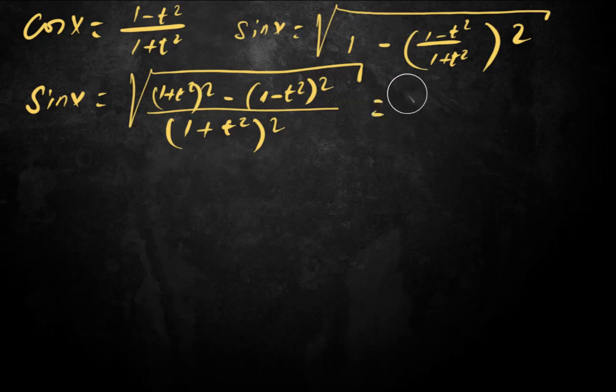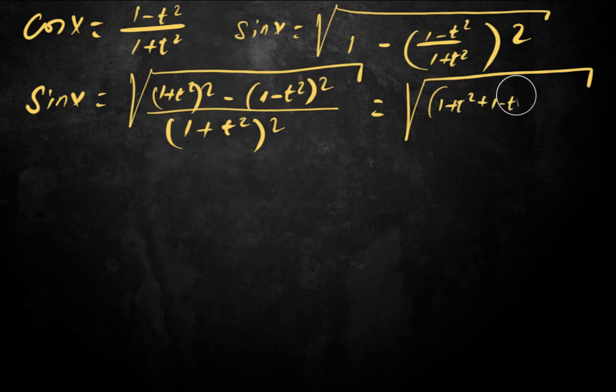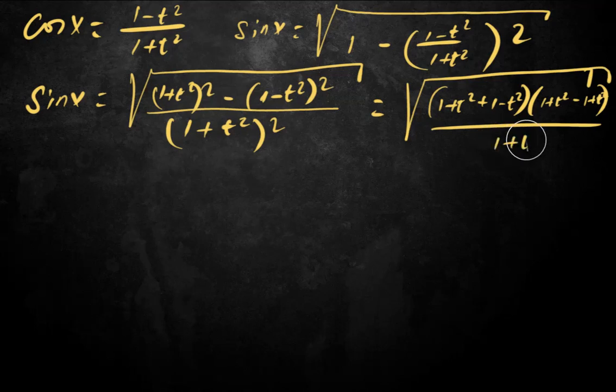So we can calculate these two ways. This is a squared minus b squared, a plus b times a minus b, in the numerator here. So it's 1 plus t squared plus 1 minus t squared times 1 plus t squared minus 1 plus t squared, and then all over 1 plus t squared. Correct? Good.